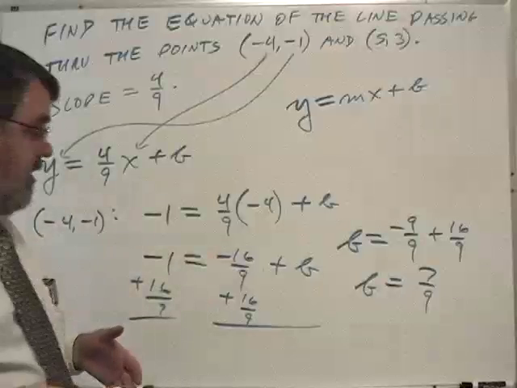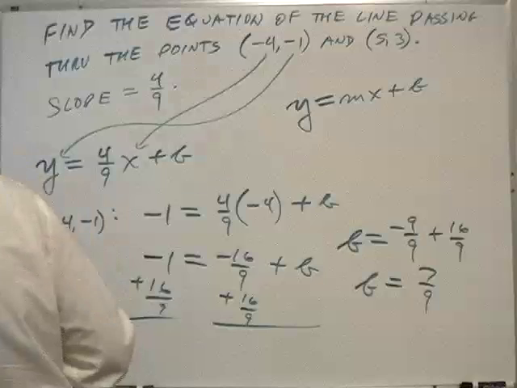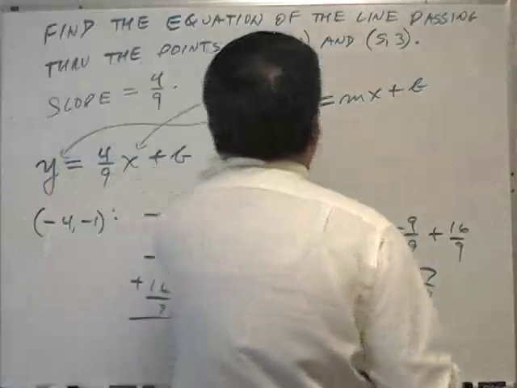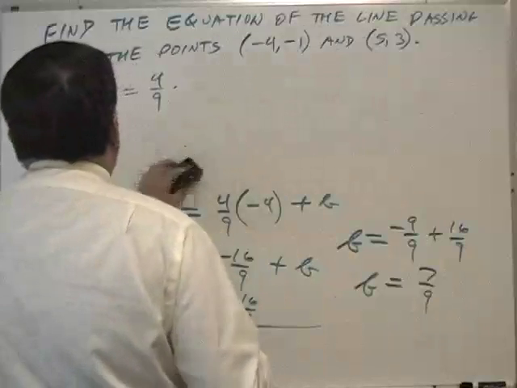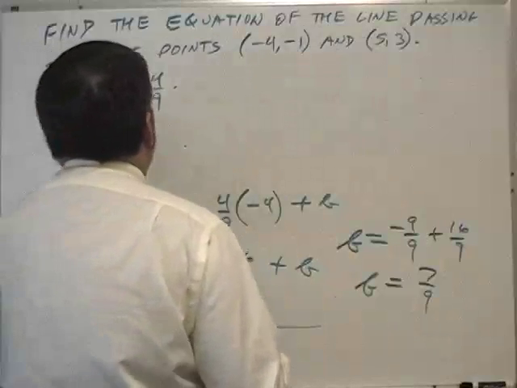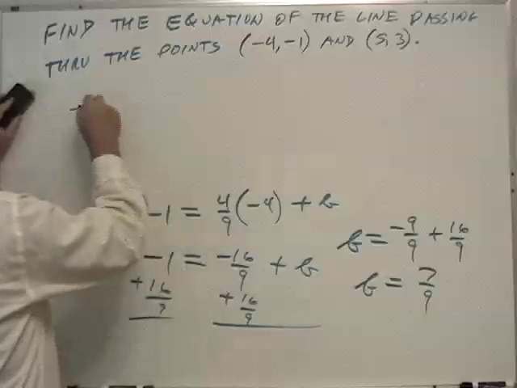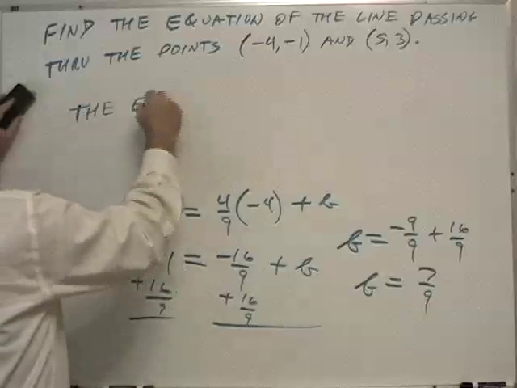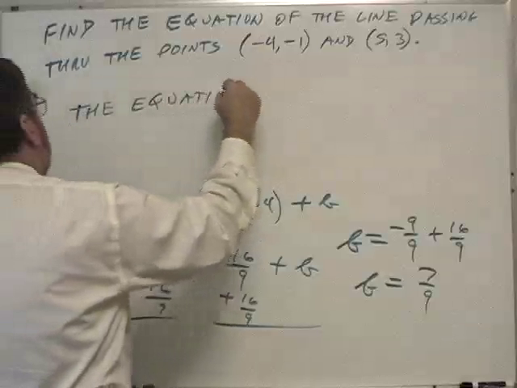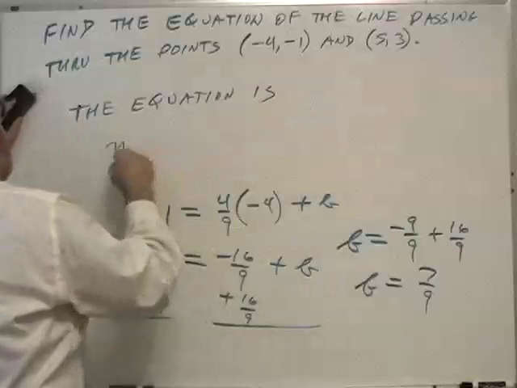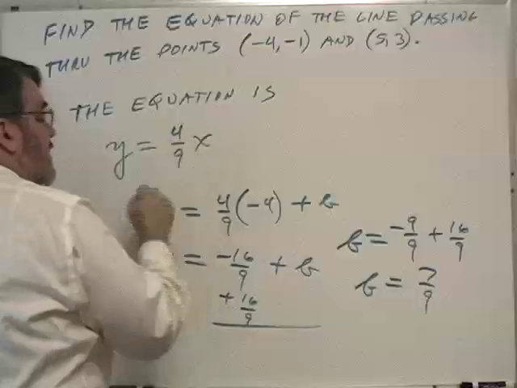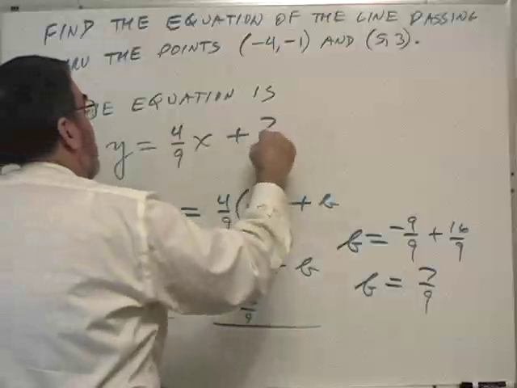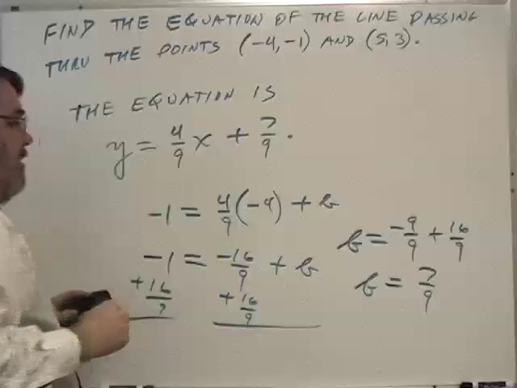Now we can finish the problem by writing the equation. So let's see, the equation is y equals 4/9 x plus 7/9. Period.